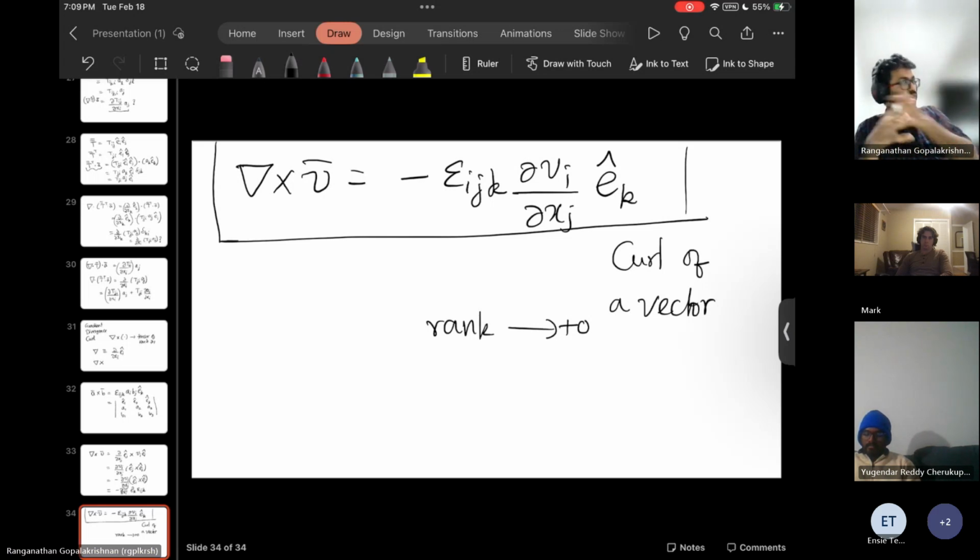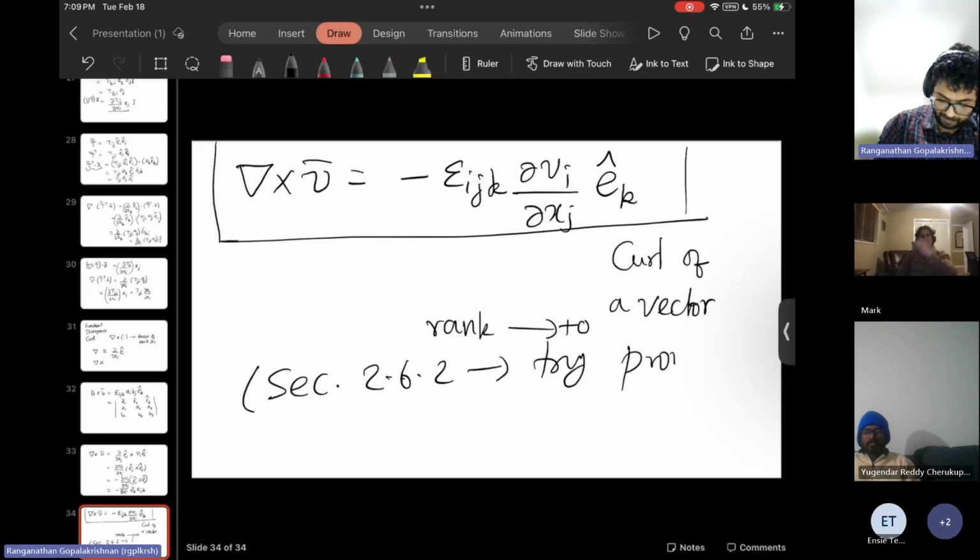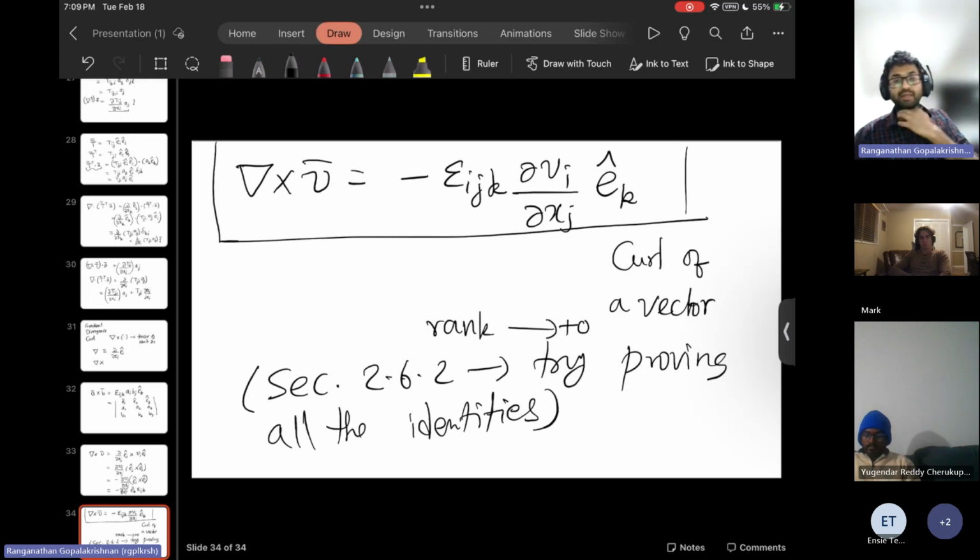So if you go through section 2.6.2, try proving all the identities given in there, because either we'll use them or they themselves could be like an exam problem, like the one we tried a few minutes back and said we'll continue tomorrow.